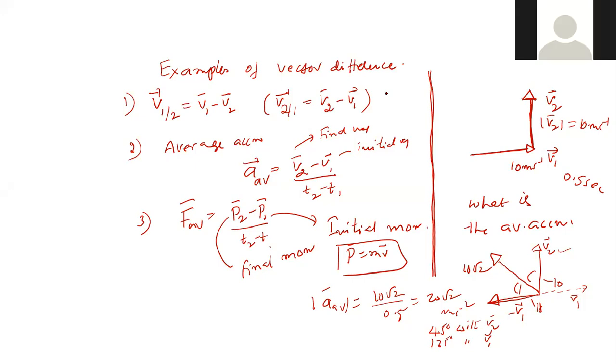Here we change the direction of V1. Actually, once you show the vector, the magnitude will be only 10, isn't it? You should not write minus 10. This minus V1 is shown, the vector is shown already. So the amount is 10 only, right?